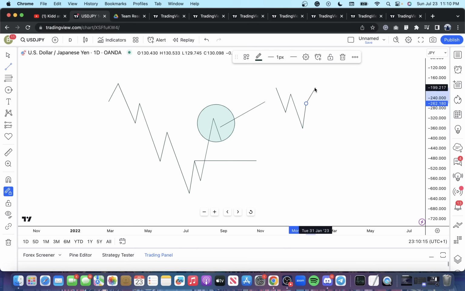You don't want to buy any shift in structure, because any shift in structure in the 4-hour time frame is only going to set the stage for a lower run, because the daily has to get down here for the program to resume. Even though the daily program is bullish, the 4-hour program is not bullish, because we're not yet at a daily discount for bullishness to ensue on the lower time frame.